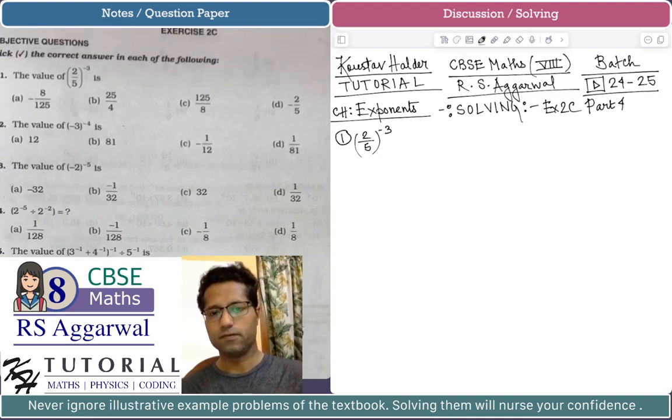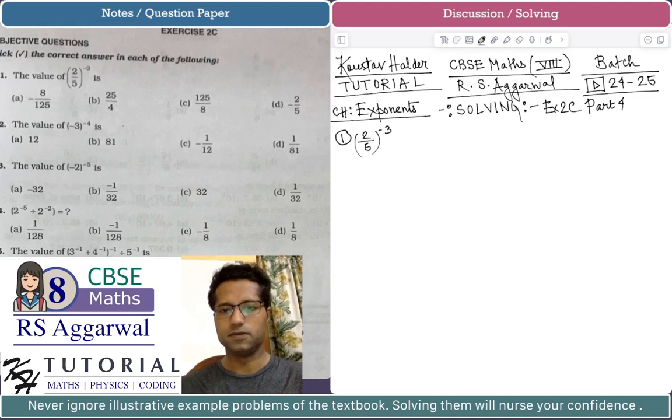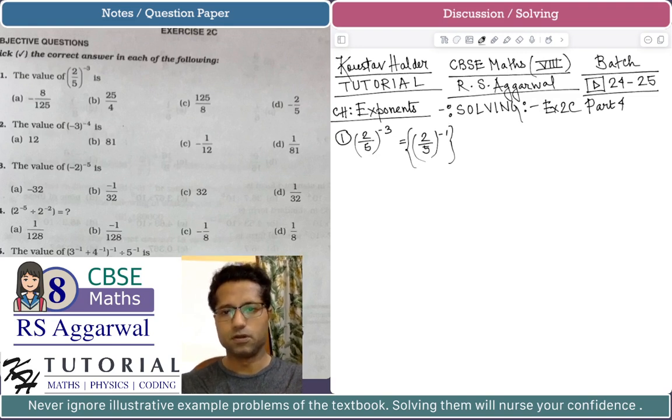Now 2 by 5, the power is negative, minus 3, which means this will be the reciprocal of 2 by 5, raised to the power 3.